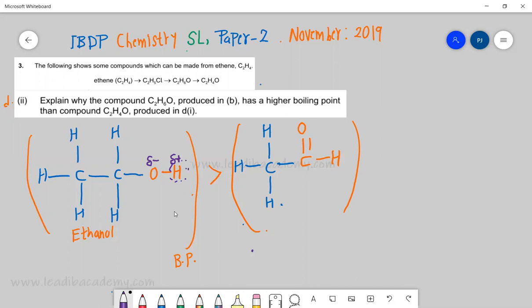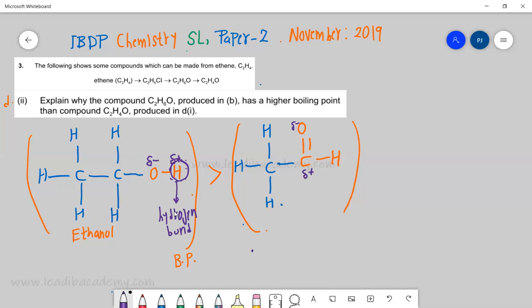And in the case of this other compound, there is only the double bond, which is basically having a slight polarity. But please remember, this means that this H plus is capable of forming hydrogen bond. This is going to form hydrogen bond with the other molecule of ethanol.